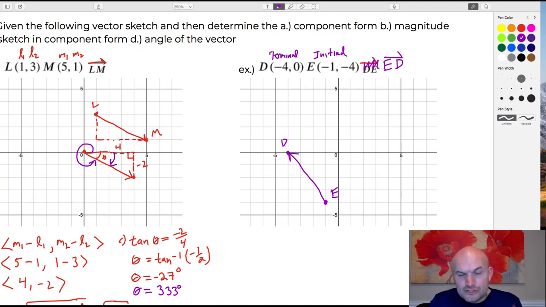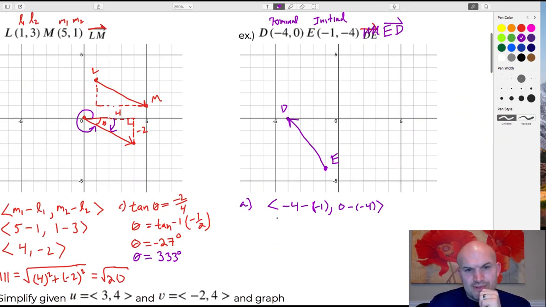When you're trying to find component form, you're subtracting the x and y coordinates. You're finding the change in the x coordinates, which will be terminal minus initial. That's going to be -4 minus -1. Make sure you're using parentheses there. And for the y coordinates, it's going to be 0 minus -4.